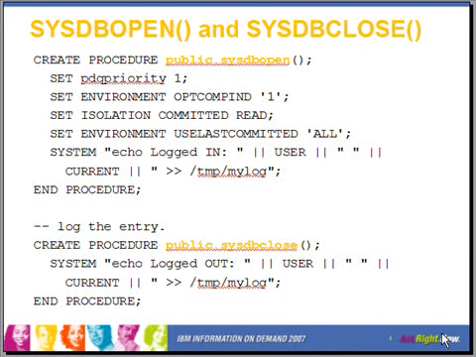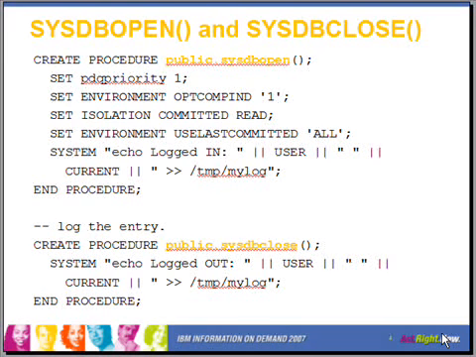If a procedure exists with a particular user as an owner name, when that user accesses that database, IDS will execute that particular sysdbopen. For example, in this case we have a public.sysdbopen, so if this is the only procedure that exists for sysdbopen, this will be the procedure executed for all the users.